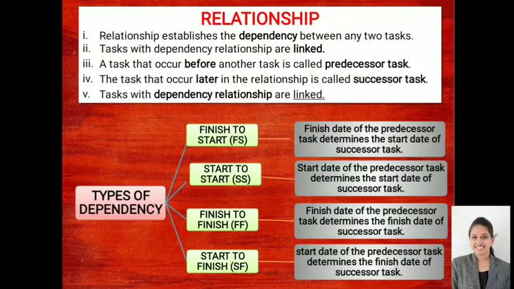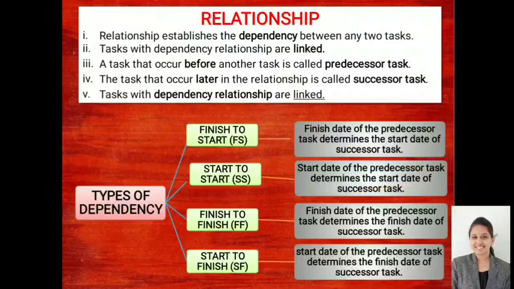So here I can establish the relationship as start to start. Hauling is a different activity, excavation is a different activity, but I'll establish a relationship of start to start. That means my excavation activity and hauling will start together. The start of the predecessor determines the start date of the successor.